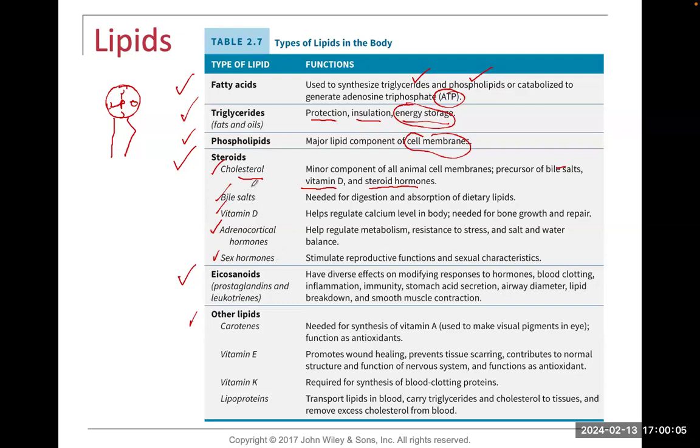Bile salts are found in the gallbladder. These are needed for the digestion and the absorption of lipids. To break them down, we need bile salts. Vitamin D helps to regulate calcium levels in the body, and it's also needed for bone growth and repair.